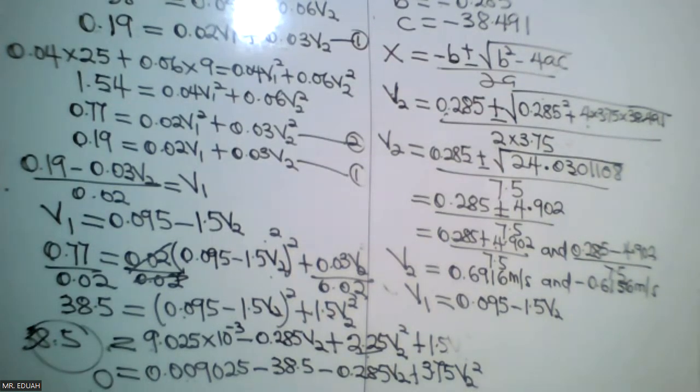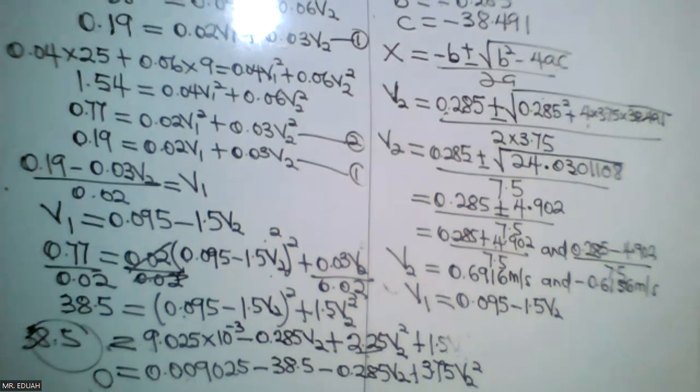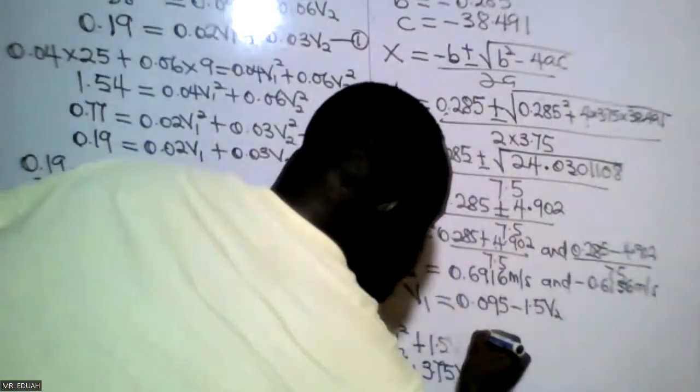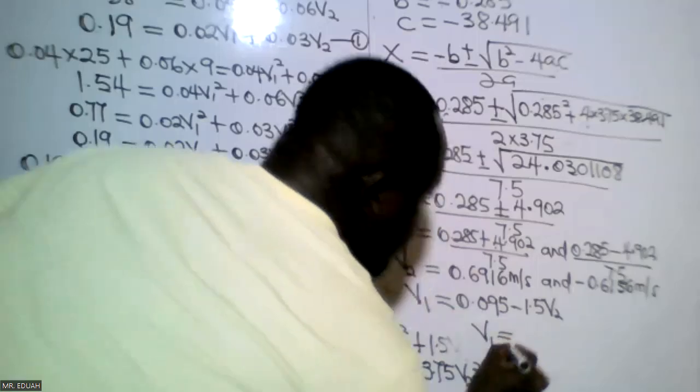Then mute yourself. When you are ready, you speak. Ezekiel, please. V1 is equal to 0.47.